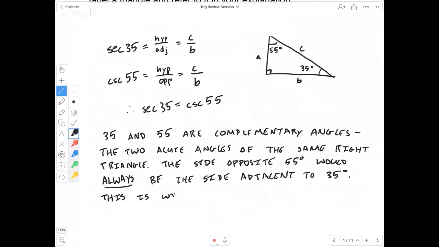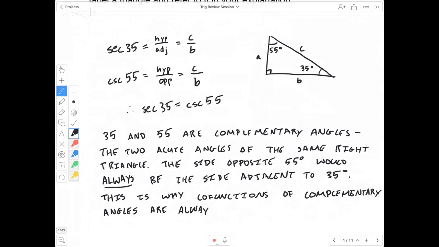This is why cofunctions of complementary angles are always identical. How about I say identities? Cool. That's it for number 3.